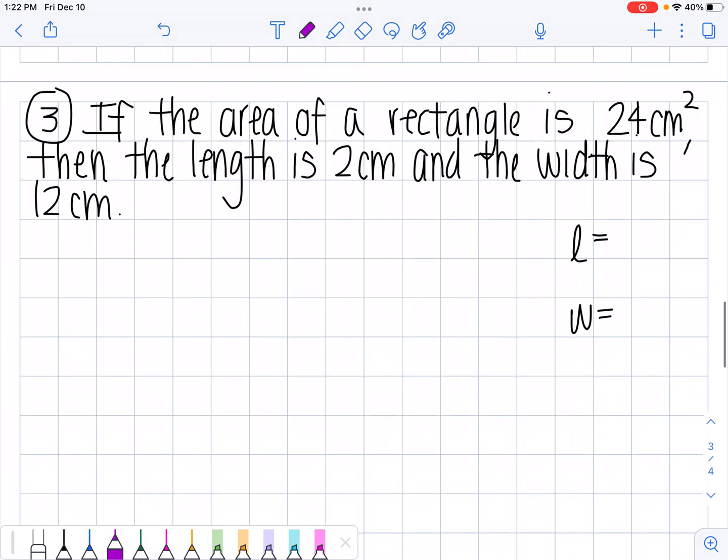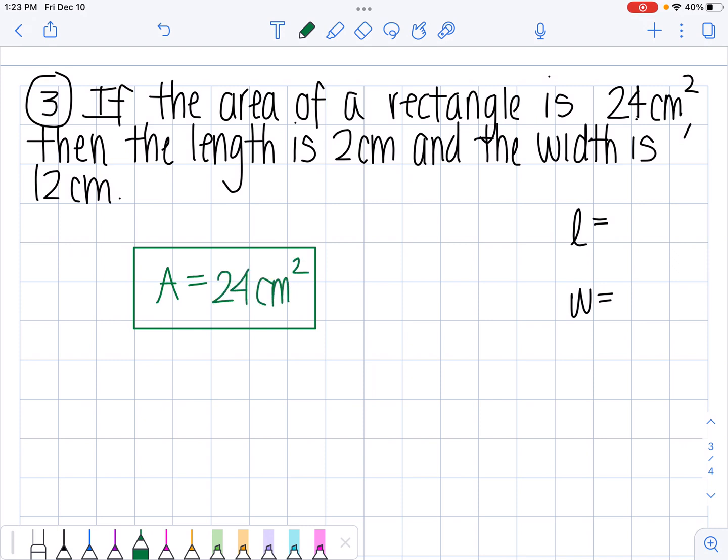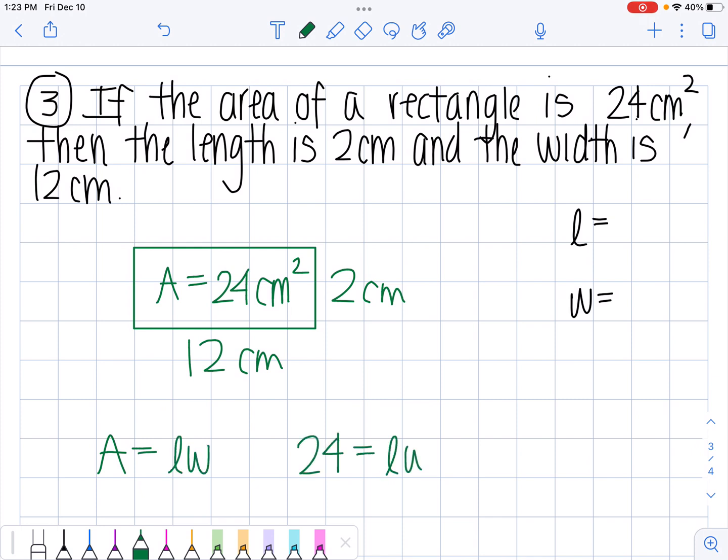Okay, next. If the area of a rectangle is 24 centimeters squared. All right, so I have a rectangle here, and my area is 24 centimeters squared. It says my length and width have to be 2 centimeters and 12 centimeters. And we know the area is the same as length times width, so 24 is the same as length times width.